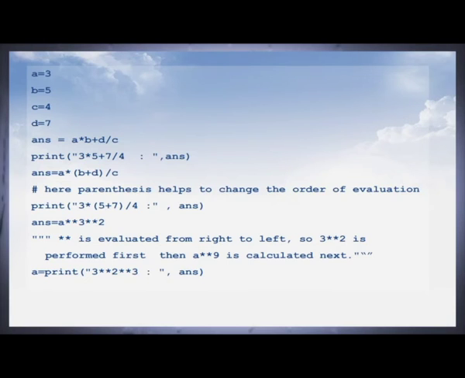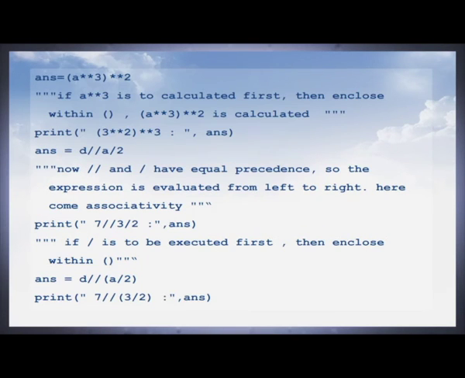Suppose you want to do A power 3 first, then power 2, then you have to put a bracket. As I just now told, if you want to perform A power 3 first, you need to put parentheses, because this operator follows right to left associativity. And I have shown some more examples, you just work those examples and see what would be the answer.